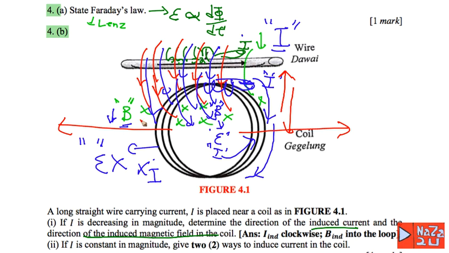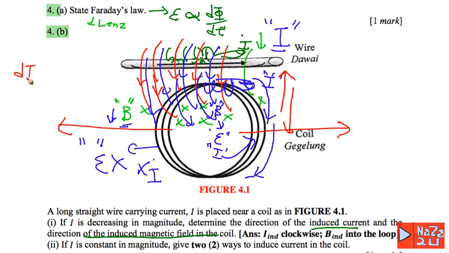If you increase the size of the coil, when the coil is small, the flux is reduced. When you increase the size of the coil, the flux passing through the coil increases. So you have the change.